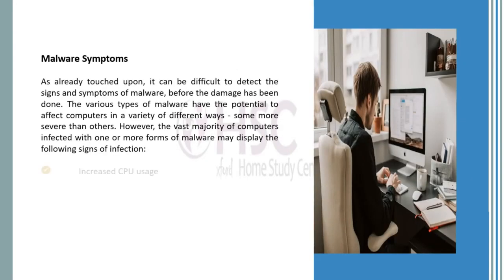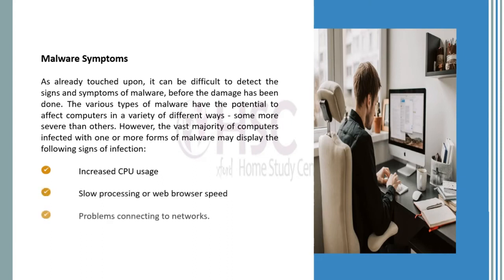Malware symptoms. As already touched upon, it can be difficult to detect the signs and symptoms of malware before the damage has been done. The various types of malware have the potential to affect computers in a variety of different ways, some more severe than others.